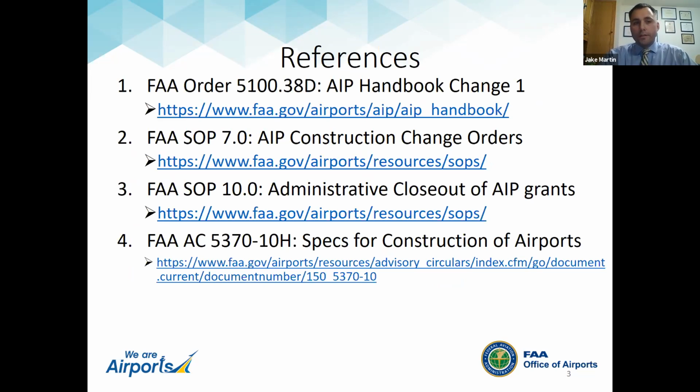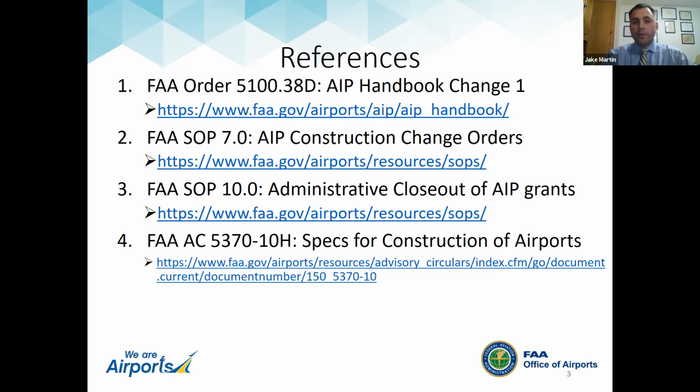Here's a list of references that you can go back to if you need additional background or guidance. There's discussions of change orders and contract modifications in all of these references. Just generally remember that FAA orders are instructions to the agency based on what's contained in statute and legislation.